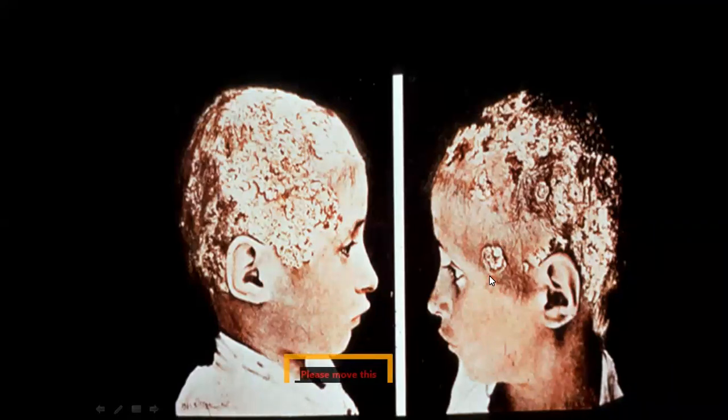This looks very horrible, but this is actually a superficial fungal infection. Nothing is penetrating into the epidermis. This is a superficial fungal infection. You have to treat it with ointments topically.